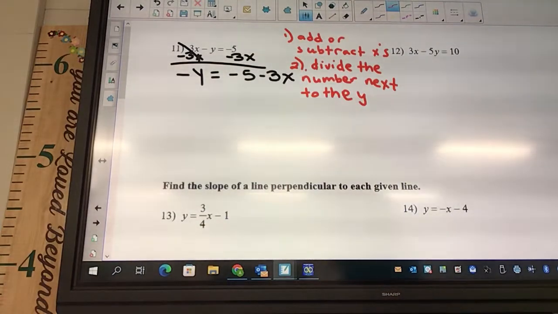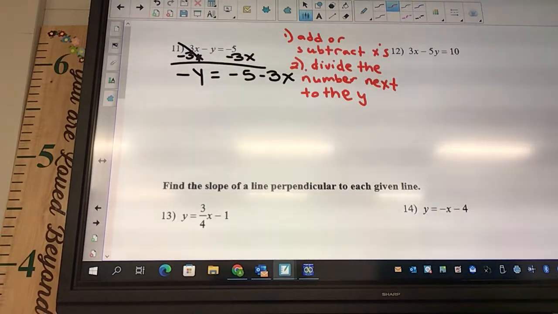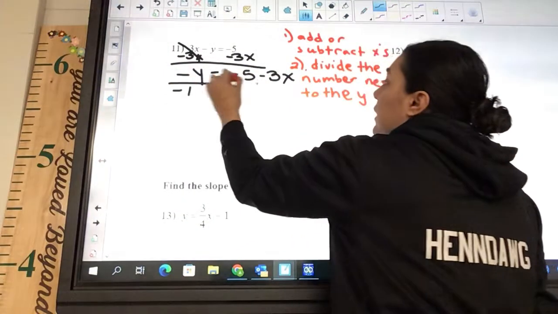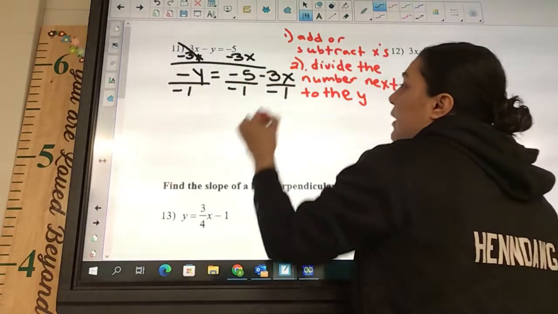In this case, the number next to the y is -1. So you're going to divide everything by -1.